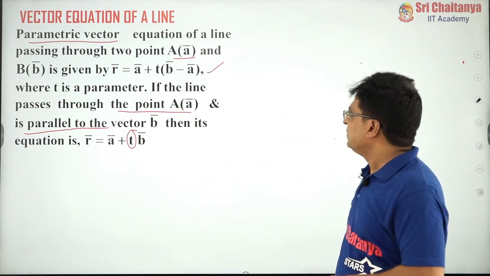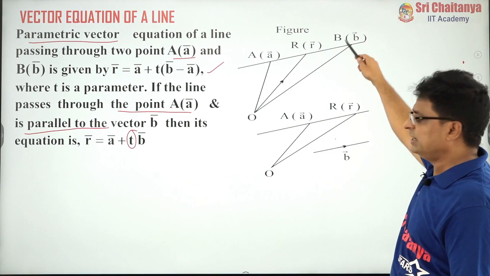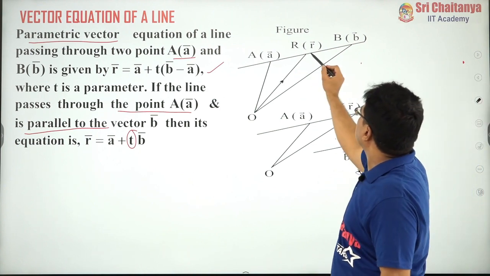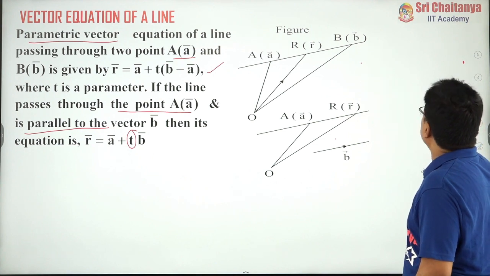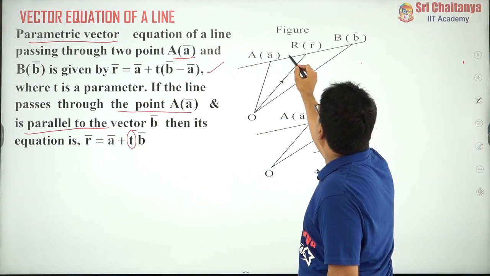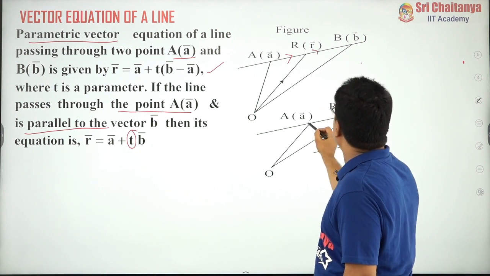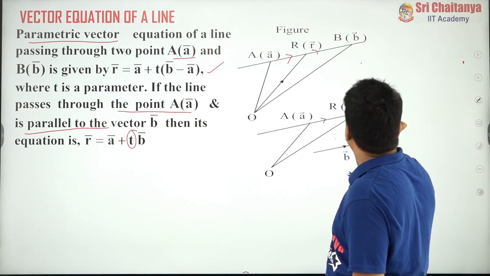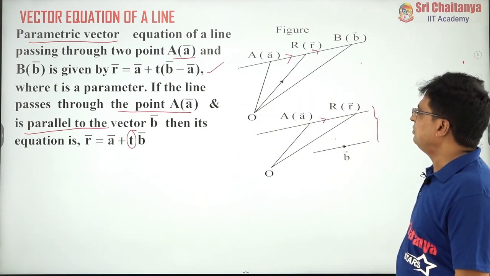So, from the figure it is very clear for you. Here this vector is parallel to this vector AB bar, and these two are parallel, and moreover here these two are parallel. Apply this, you will get it.